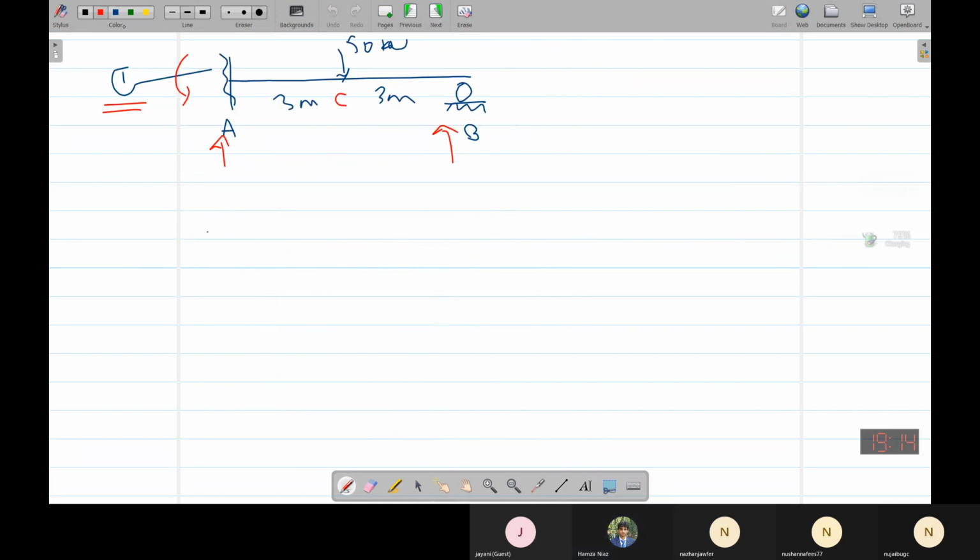Here at support A there are two reactions. We ignore the horizontal reaction for beams because there is no axial force in beams. And there is one reaction at support B. Two reactions, a moment reaction and a vertical force reaction at A, and one reaction at B.